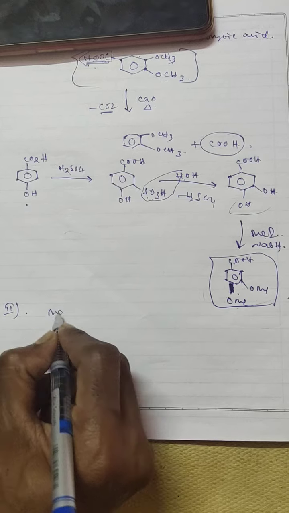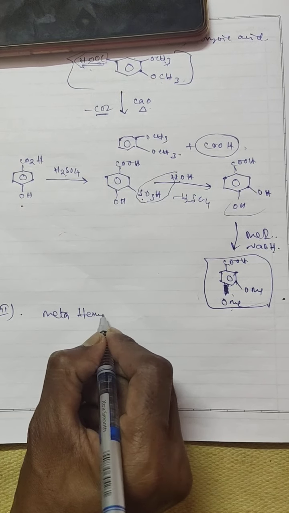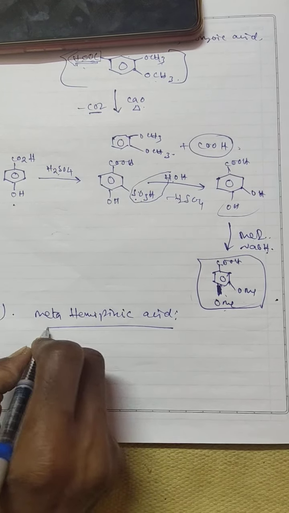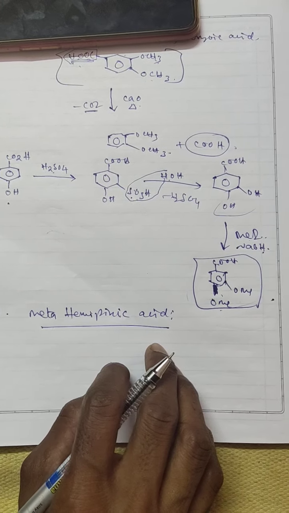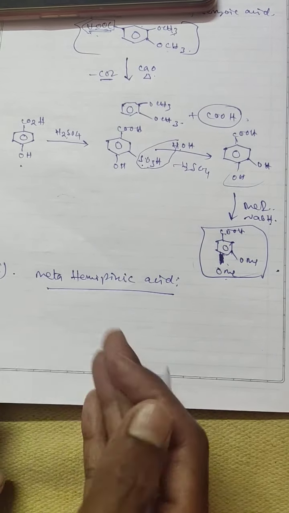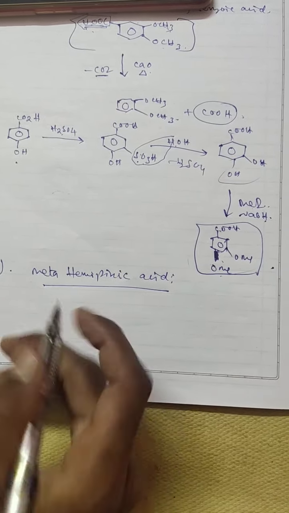Second one is what? Meta-hemipenic acid. Actually, meta-hemipenic acid is a dicarboxylic acid with dimethoxy groups, like this.